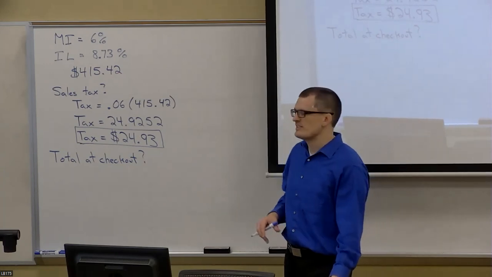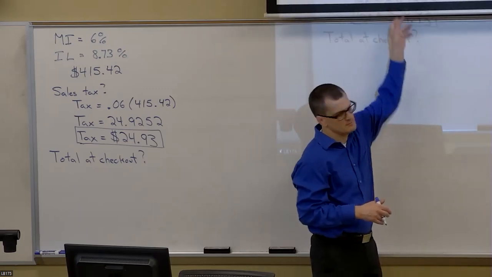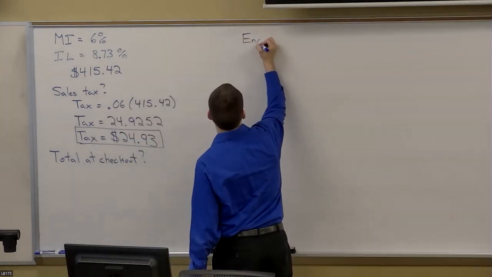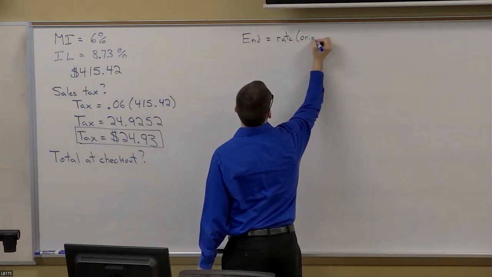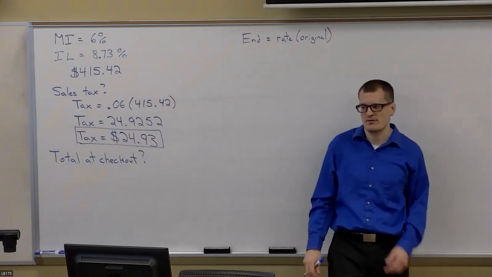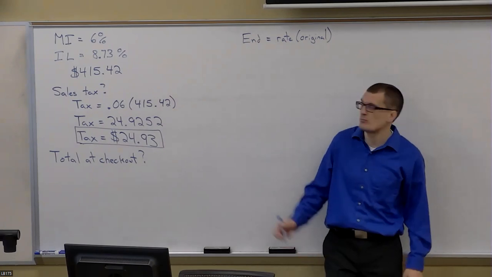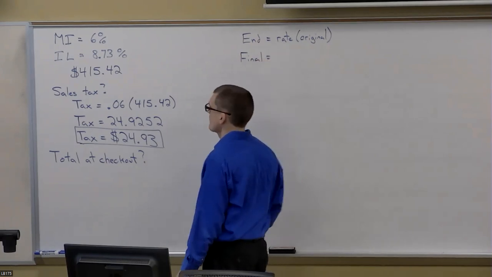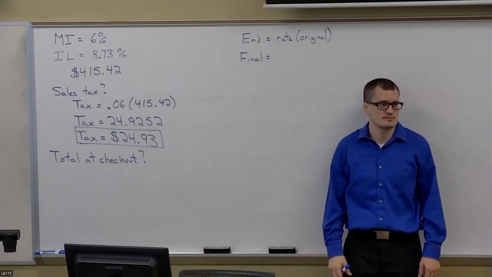So in order to use that equation, the end amount equals my rate times original, to calculate the total at checkout, I'm going to say the total at checkout, or the final price, is this one. And I'm going to use a special rate.